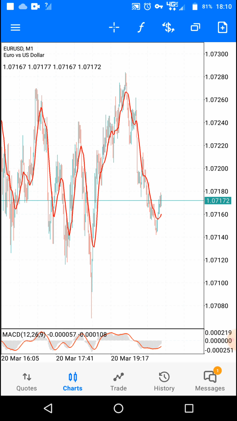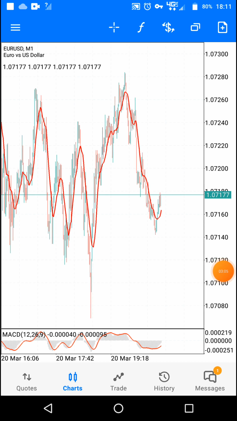Let's say that's the market price. Let's assume this green bar, which is going up and down here, is the market price for a car, around 1.07177.